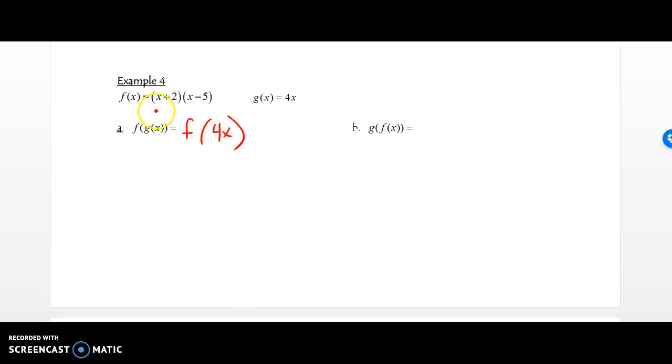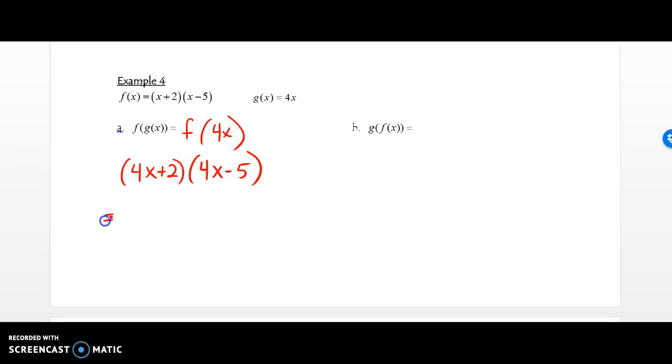So now we're going to take f of x, and everywhere there's an x, we're going to put the quantity 4x. And then we could simplify this by expanding it.